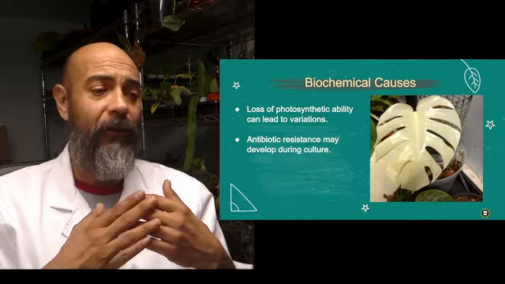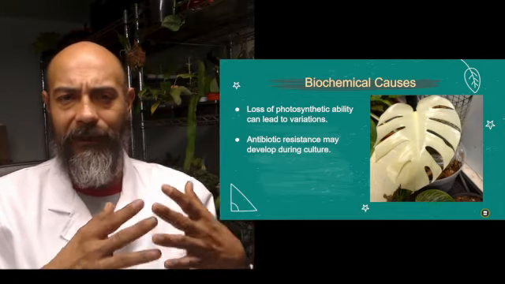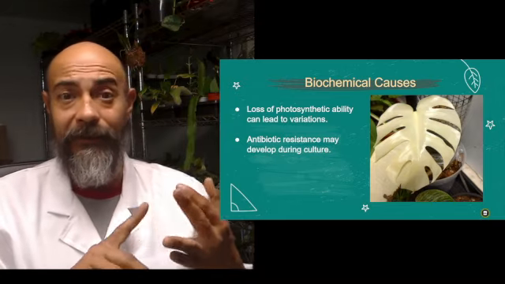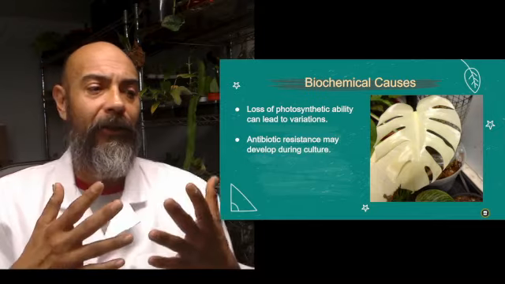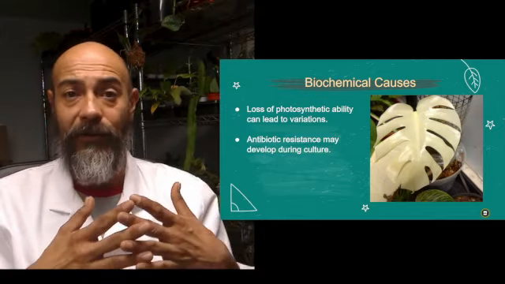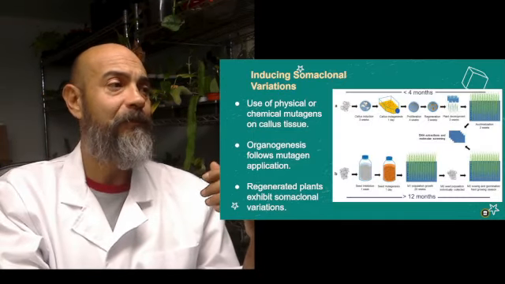When a plant is in culture, it's subjected to a lot of antifungals, antimicrobials, different biocides, viricides, and antibiotics. That in turn can do much like it does in a human being, and it can gain a resistance to those types of chemicals and antibiotics.